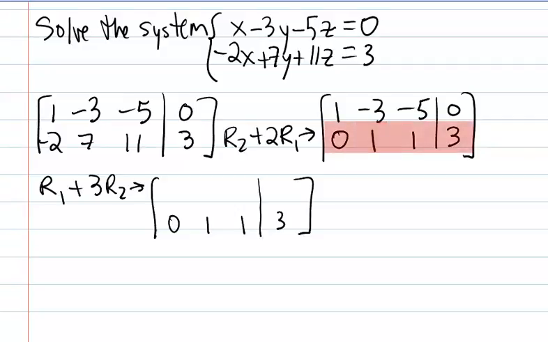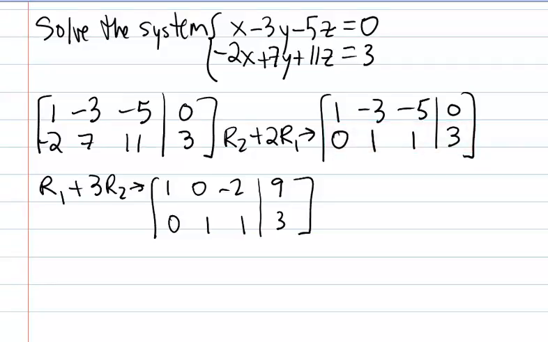Going across the second row, multiplying by 3 and adding it to the entry above. So I have 0 times 3 plus 1, 1 times 3 plus -3, 3 times 1 and -5, 3 times 3 is 9, and 0 gives me 9 in that position.